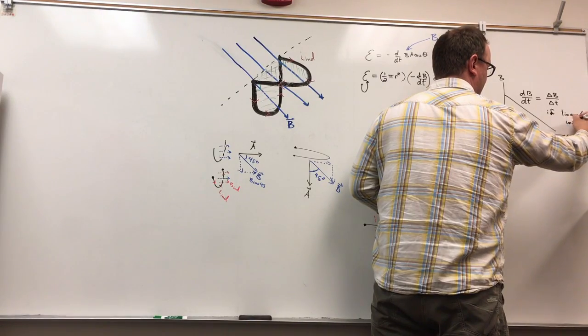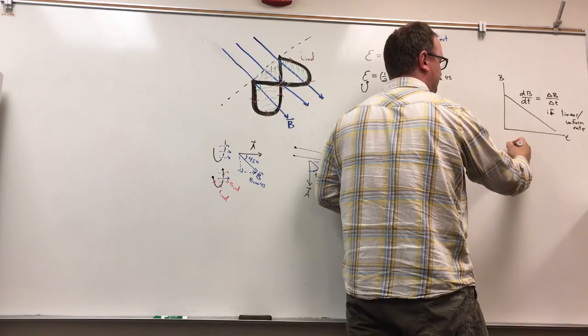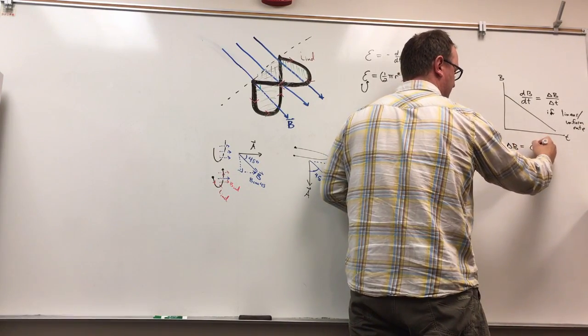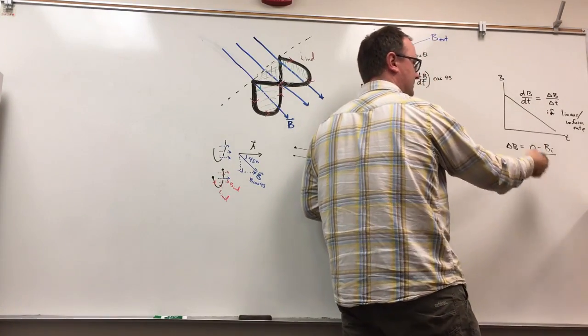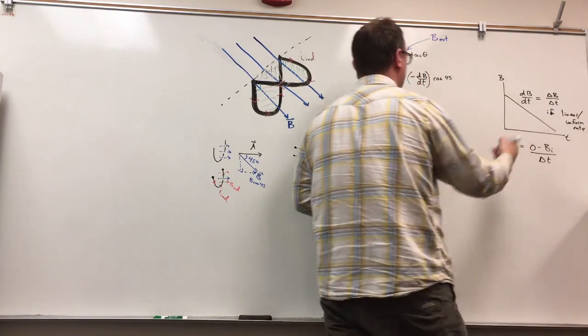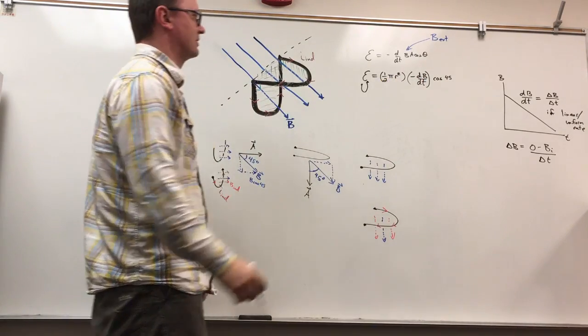We know what final B is, 0, and that gives us the initial B. And notice you get a minus sign, negative, which is going to give you a positive here if you care about that, but whatever.